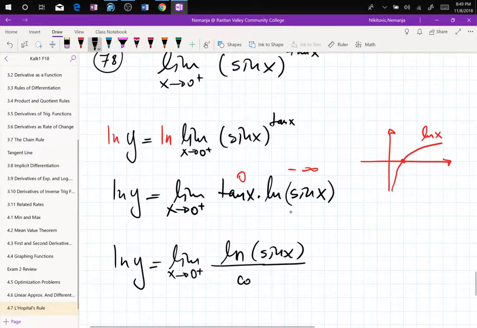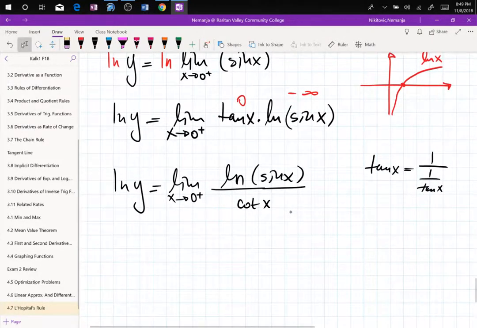So do we all agree that that's a cotangent x? So 1 over tangent x is just cotangent x. So just write it for what it is. So now, when you check, it becomes infinity over infinity. I mean, negative infinity, and the cotangent graph is like this, so it becomes infinity here.